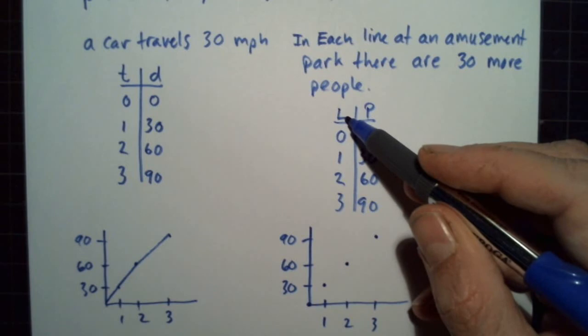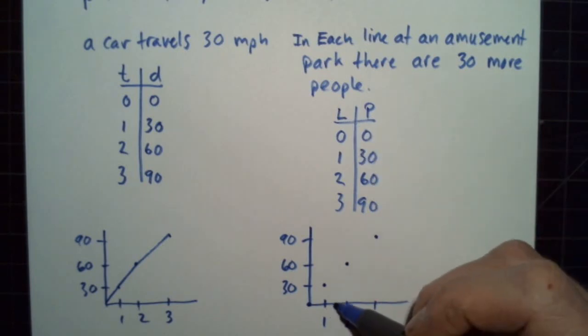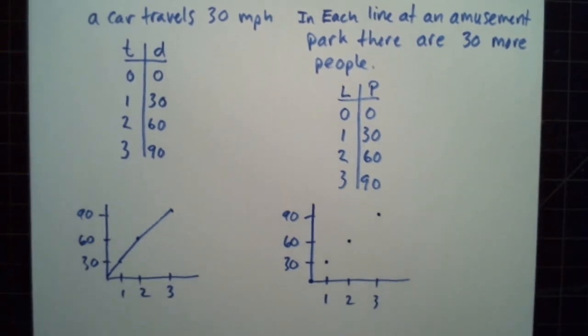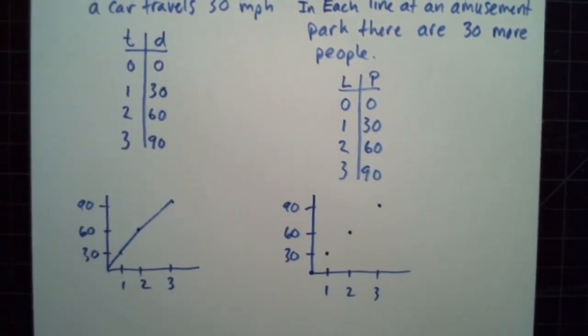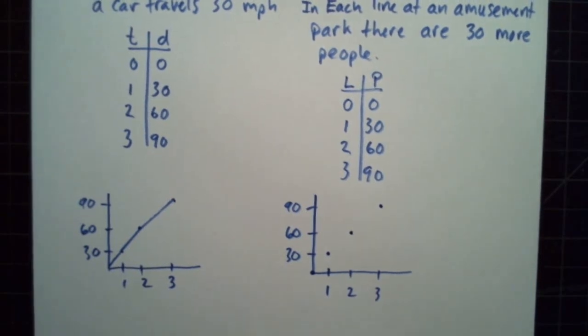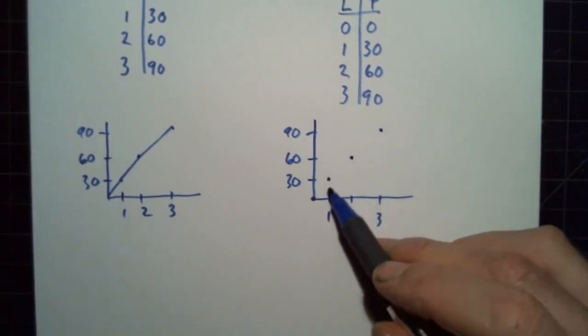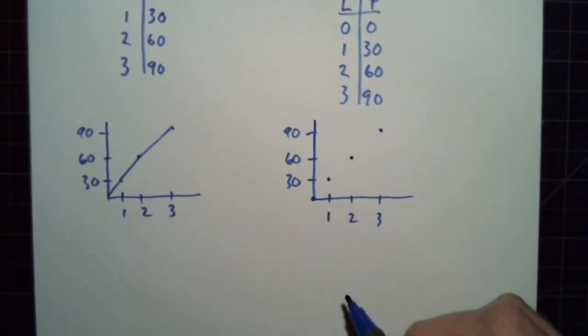This is the line for each ride, so we don't say here's 1.5 rides or 1.1 rides at the amusement park. So that's the difference between continuous and discrete data. When we talk about sequences, it'll be discrete. If we graph a sequence, we're not going to connect the points.